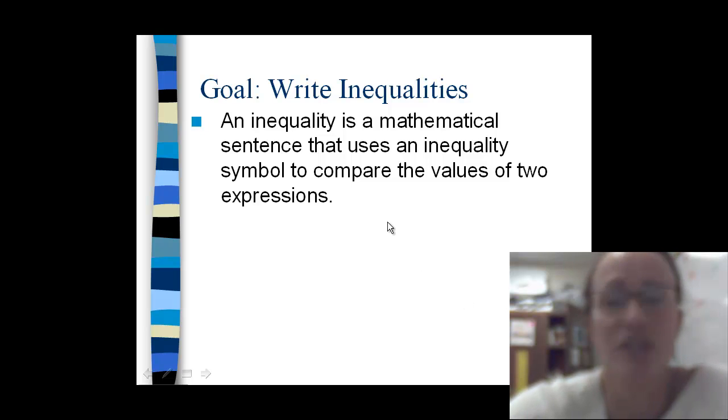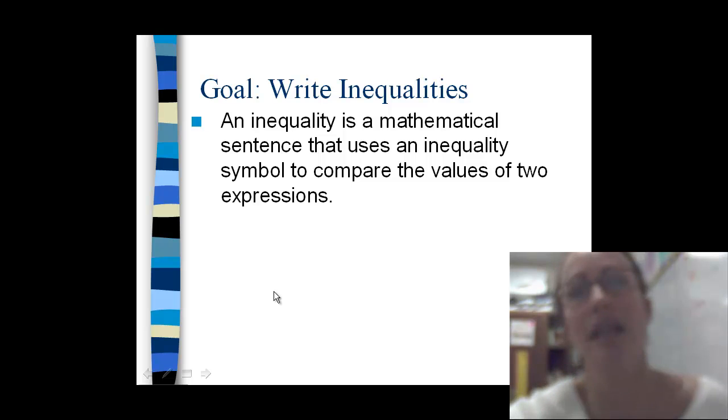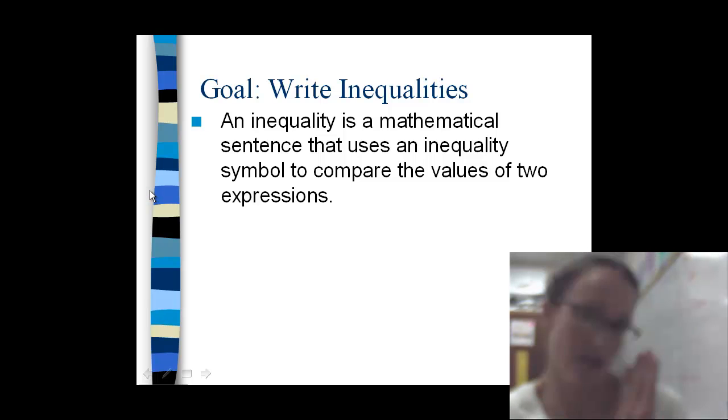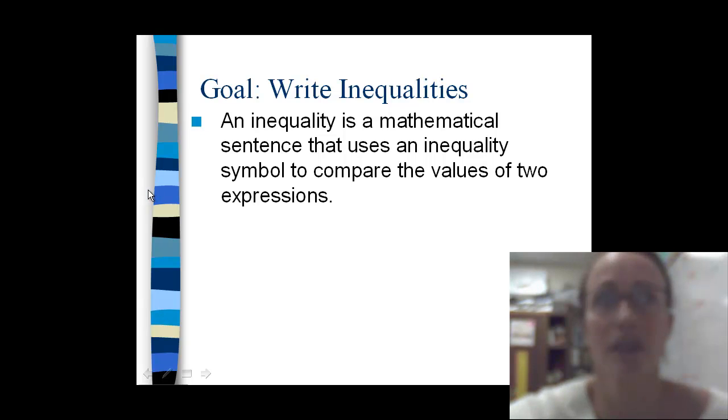So our goal here was to be able to write inequalities. We already said that an inequality is a mathematical sentence that uses an inequality symbol to compare the values of two expressions. The way that I have always remembered which symbol is which is an L is for less than. So this is the less than symbol.